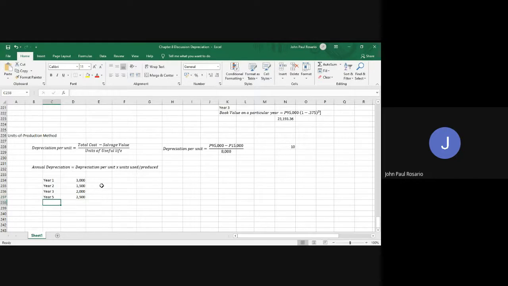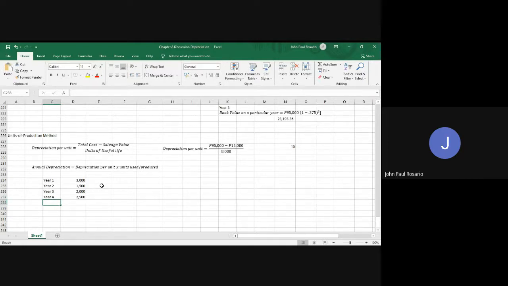So for purposes of simplifying our discussion, because changes in accounting estimate will be discussed in your accounting subjects, for now let's assume that there was no change in the estimate of the units of useful life.